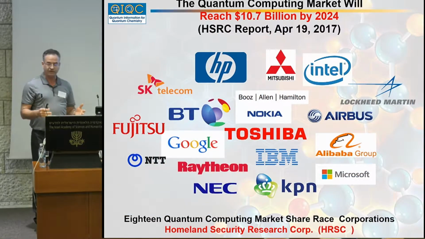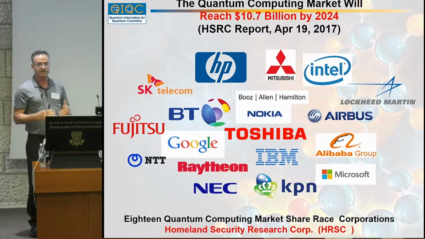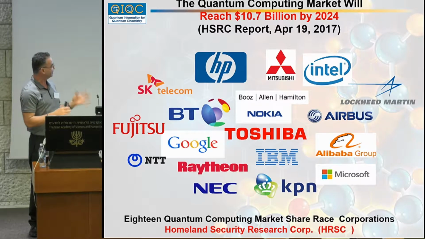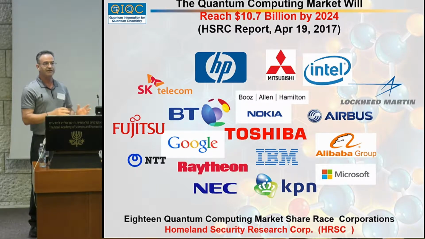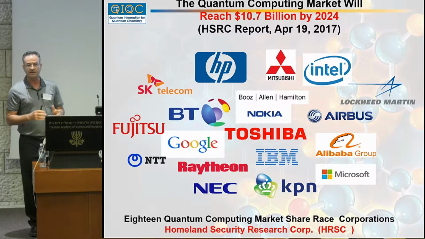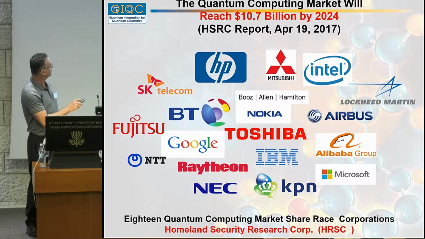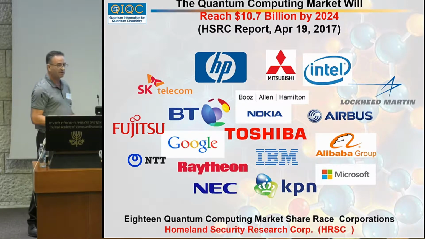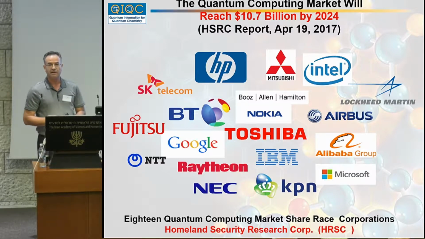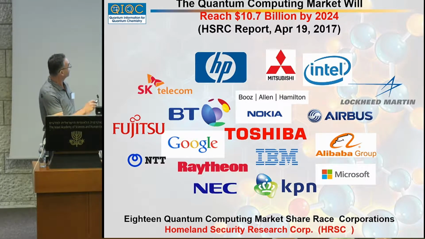And then things changed. If you look at the field for the last 2-3 years, things changed dramatically. And the reason for that, now the industry is taking the lead. And if you look at this report from April 2017, the Homeland Security Research, they talk about the 18 major companies and the investment in this field of quantum information, quantum computing, and they project that the market will reach about 10 billion in 2024.